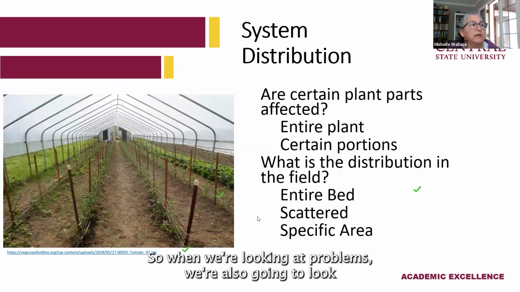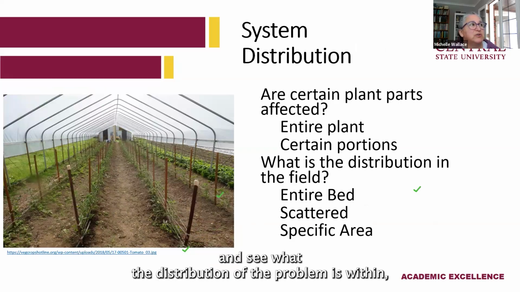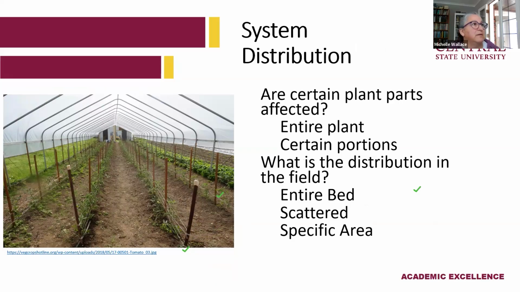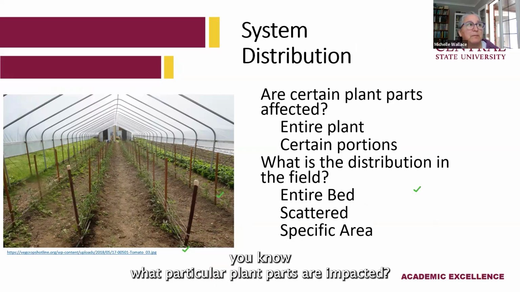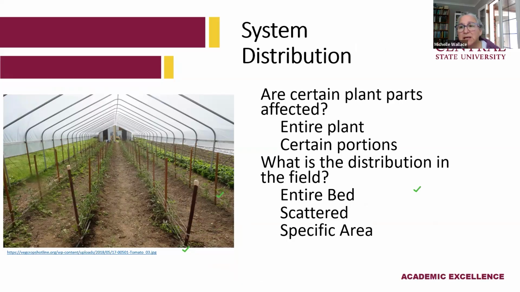So when we're looking at problems, we also want to look and see what the distribution of the problem is within the field, and what particular plant parts are impacted. Is it the entire plant? Is it certain portions?